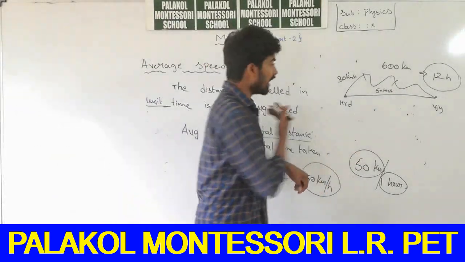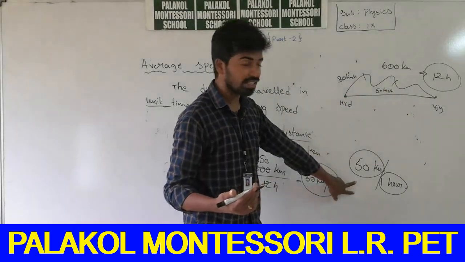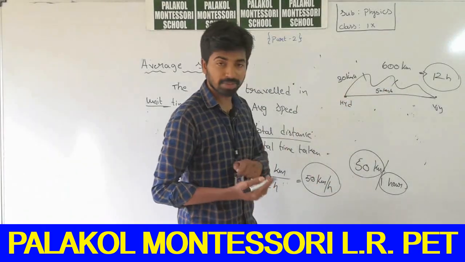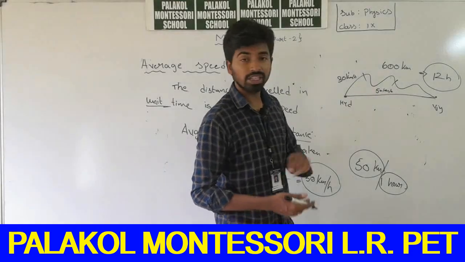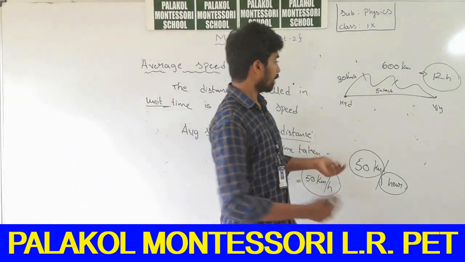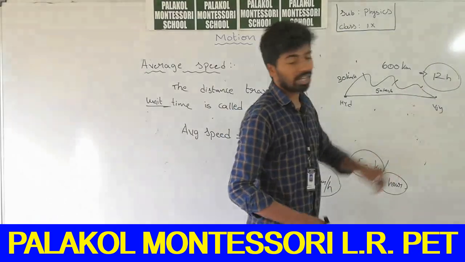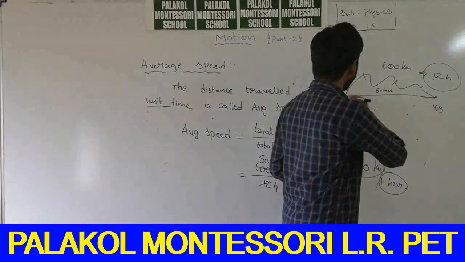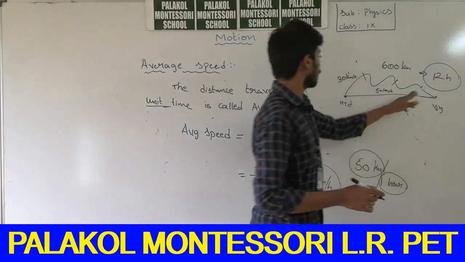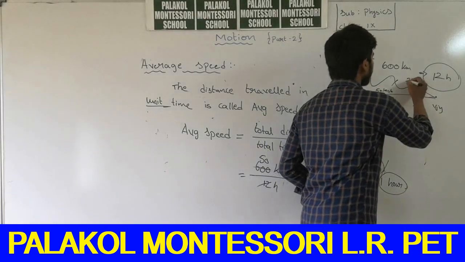But on an average, your average speed is 50. Up to here, 30 kilometers per hour. Up to here you have travelled with 50 kilometers per hour. Up to the last point, you have travelled with, let us say, 70 kilometers per hour.